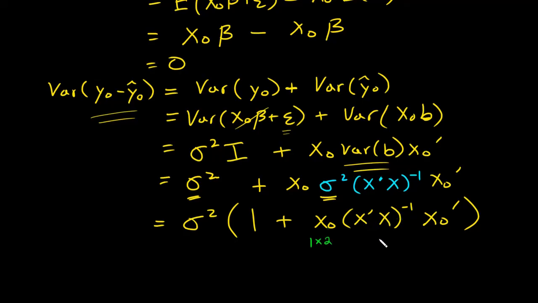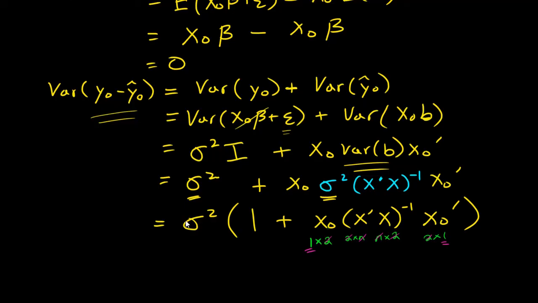X is an n by 2, so x transpose is a 2 by n, and x naught transpose would be a 2 by 1. We can see that things cancel: the n's cancel, the 2's cancel, and you're left with a 1 by 1. So that works, which is what we were expecting.